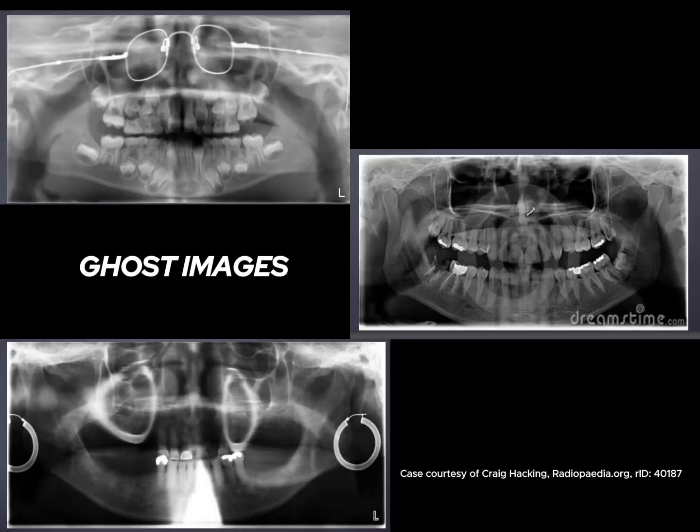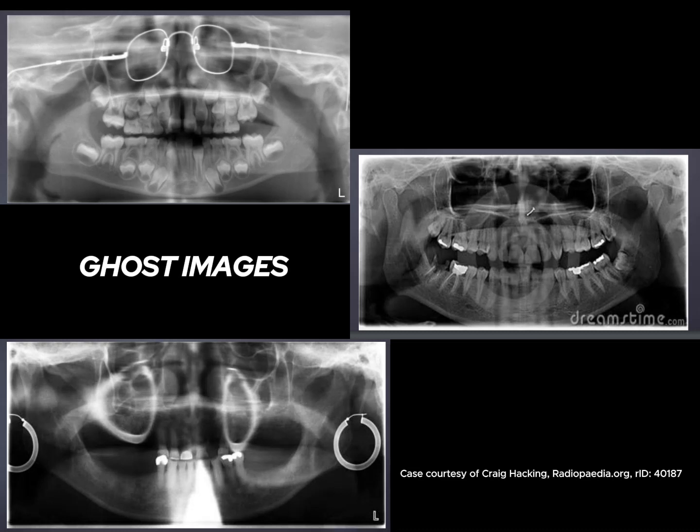Ghost image: if all metallic or dense objects like eyeglasses, earrings, necklaces, intraoral and extraoral piercings, removable partial dentures, orthodontic retainers, or hearing aids are not removed before the exposure of a panoramic receptor, a ghost image results that may obscure diagnostic information.